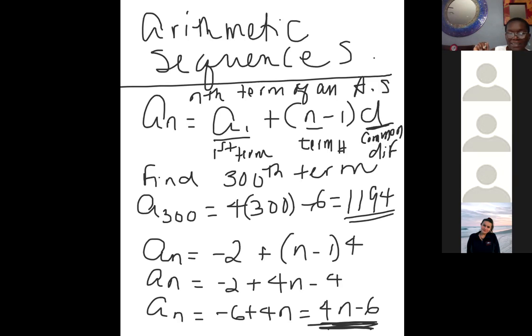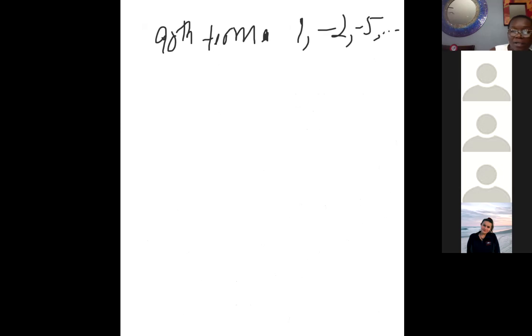No? All right, guys. So here comes the next part of this. So for this one right here, they want you to find the 90th term if you are given the following sequence. And the sequence is 1, let's see here, -2, -5, and of course these sequences, they keep going on and on to infinity, right?